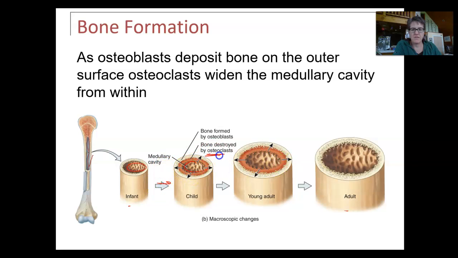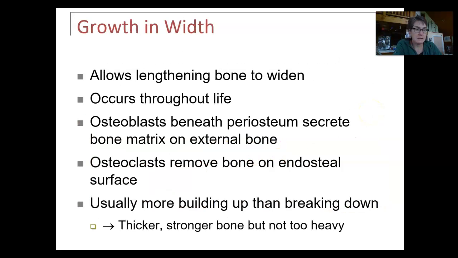I'm going to have the bone being munched up by osteoclasts as it's going outward, and the osteoblasts are making bone. So the osteoblasts are going to grow the bone in the outward direction, and the osteoclasts are going to keep that medullary cavity formed by munching up bone. That's kind of a cool picture.